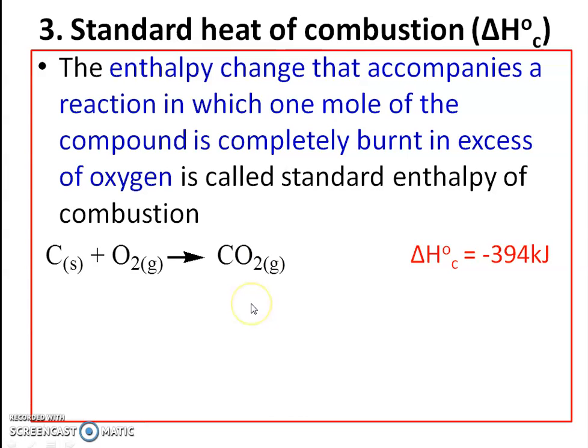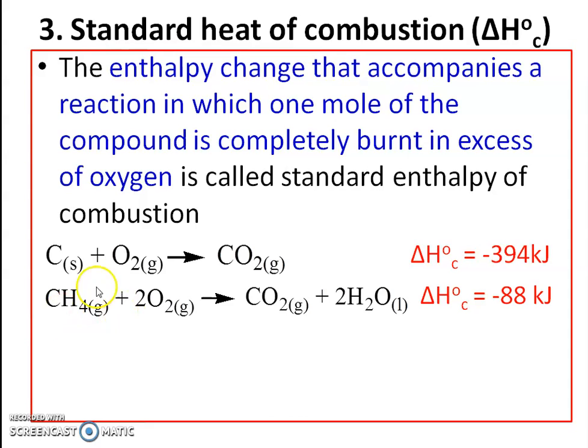This enthalpy of formation of carbon dioxide is nothing but the enthalpy of combustion of 1 mole of carbon. Both the values are the same, that is, delta Hc, the heat of combustion of carbon, is equal to minus 394 kilojoule.